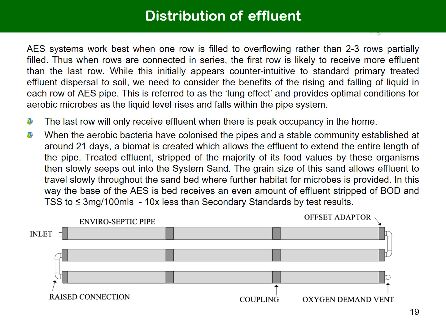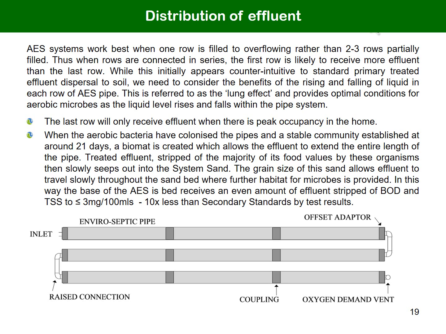When the aerobic bacteria have colonized the pipes and a stable community is established at around 21 days, a biomat is created, which allows the effluent to extend the entire length of the pipe. Treated effluent, stripped of the majority of its food values by these organisms, then slowly seeps out into the system sand. The grain size of this sand allows effluent to travel slowly throughout the sand bed, where further habitat for microbes is provided.